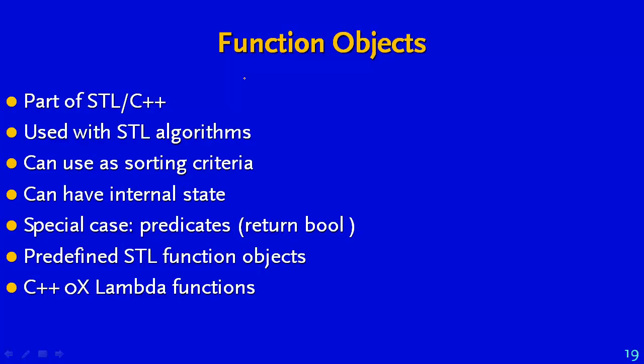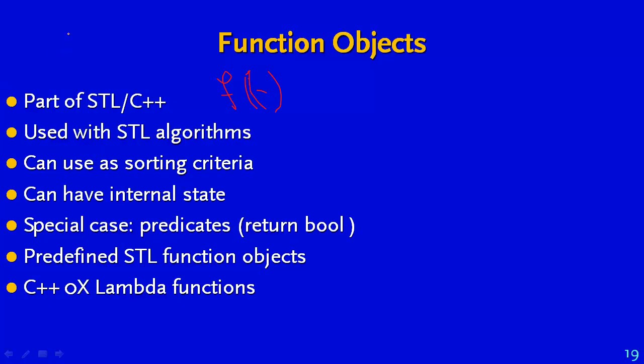The defining characteristic of function objects is that they implement the function call operator overload, bracket open, bracket close. So when you call them, f is your function object with some input parameters. It looks like a normal function, but it's really an object. And these are used extensively with STL algorithms. They can be used as sorting criteria, and as I've said, they have internal state.